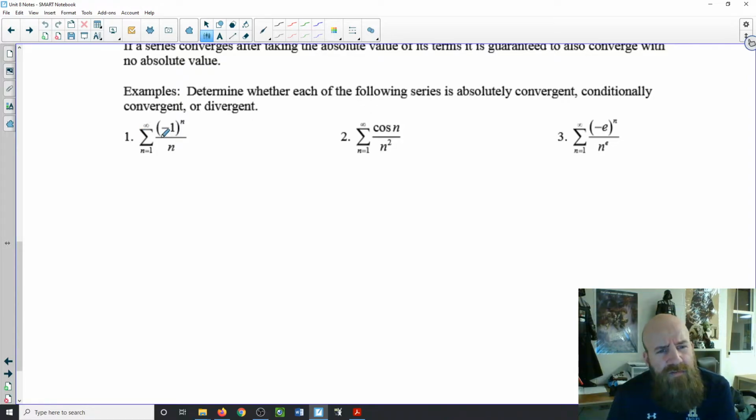All right, so if we look at the first series, we automatically are going to think alternating series because of the (-1)^n. So we have that. We look and we know that terms are decreasing.